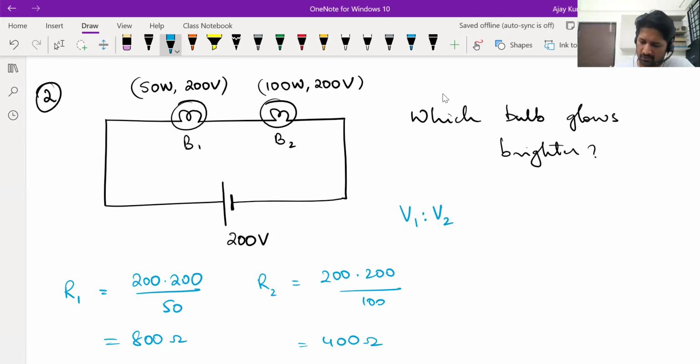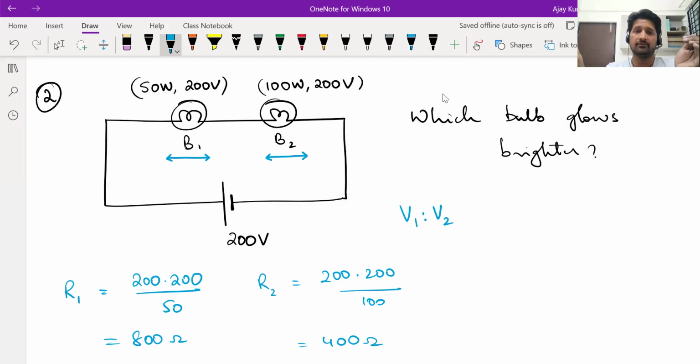So how much is the voltage across the first bulb? Like you have to split 200 in the ratio 2:1. See, this is simple mathematics only. If you have to split a number in a certain ratio, like here 2:1, 2:1 means 2 parts to one of them and 1 part to the other one.